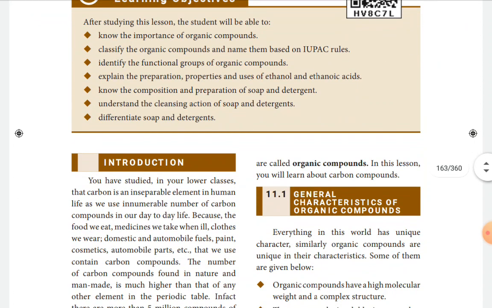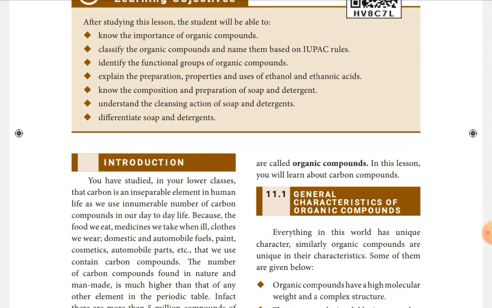The main constituent of coal, lignite, is carbon. And it is a fossil fuel. How coal is formed, how petroleum is formed, all this we have already learned in the lower classes. Coal is a fossil fuel developed from prolonged decomposition of buried plants and animals.